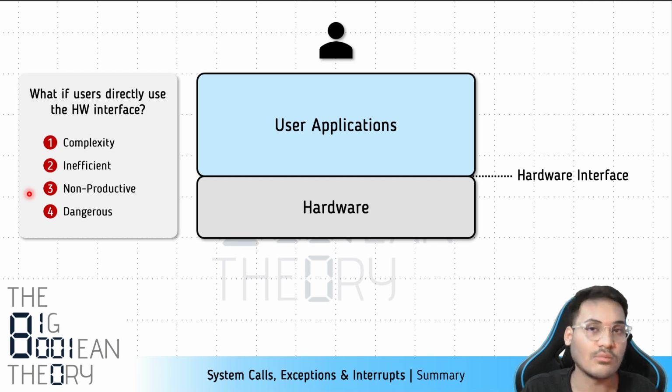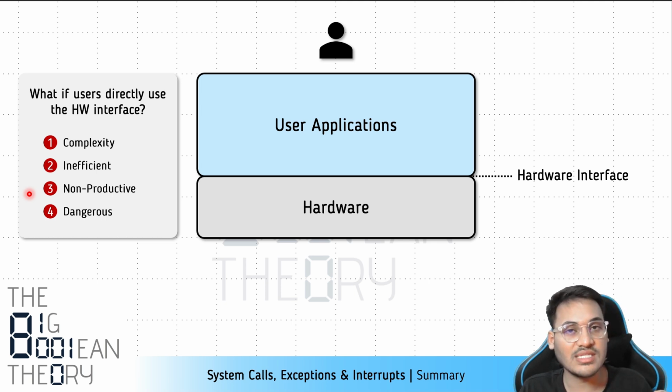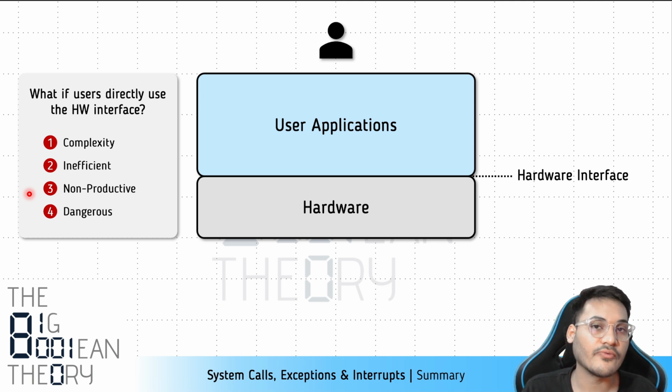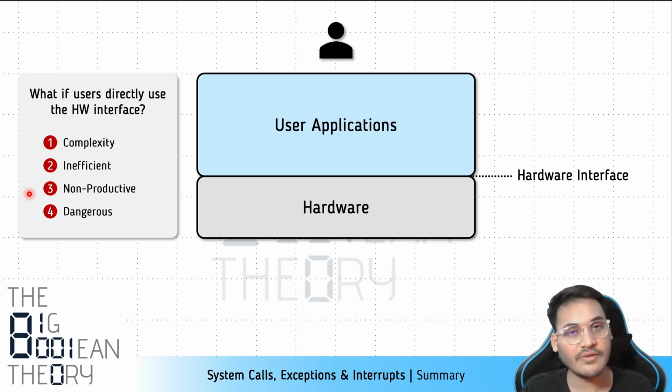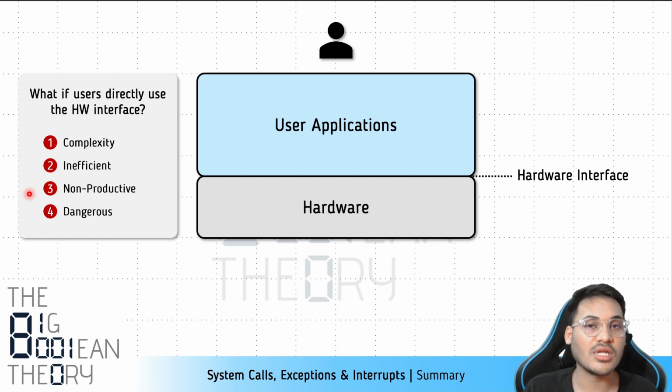We looked at several examples in that video of what can go wrong. That is why we need the operating system to expose these sensitive operations via system calls. The user application should not be allowed to directly interface with the hardware. It should only happen via the system call mechanism. So that was the reason behind this mechanism.